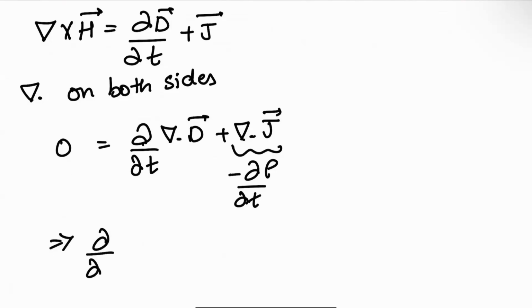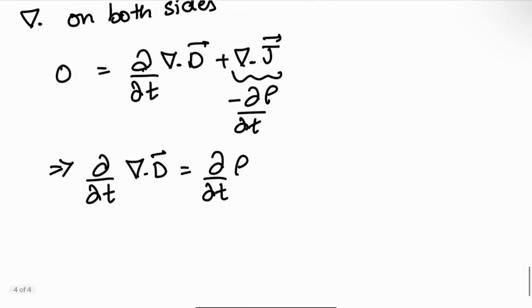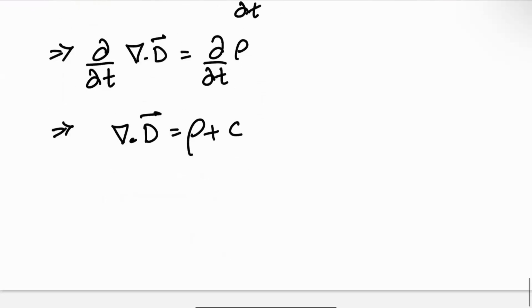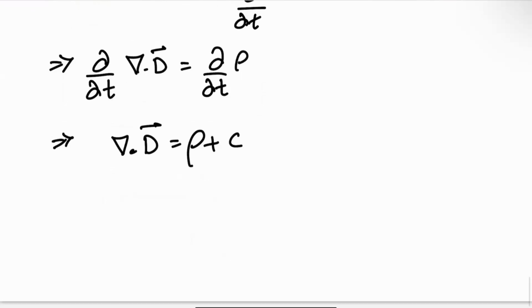So you have d/dt of the divergence of D equal to d/dt of rho, which means that the divergence of D is equal to rho plus some constant, right? So what is this constant?